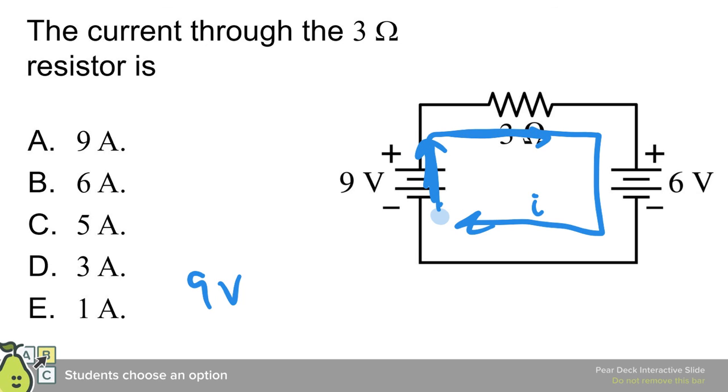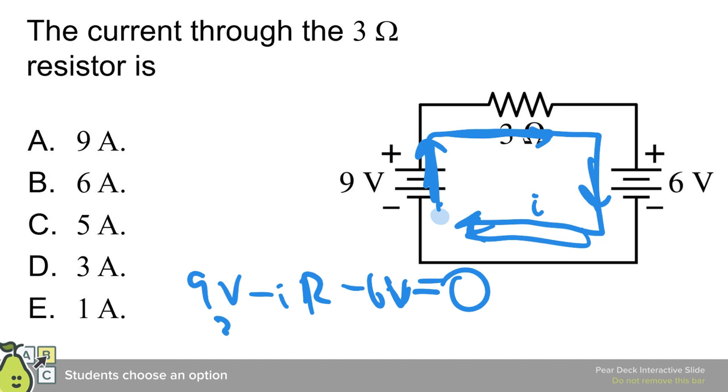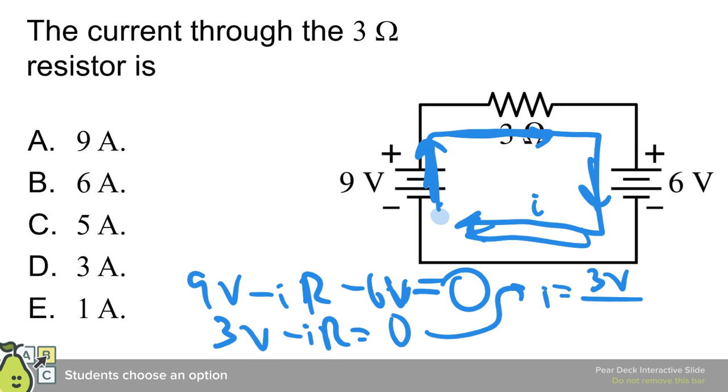We lose IR for going in the right direction along the resistor. And then we lose another 6 volts because we're going the wrong way through the battery. And then we get back to where we started, so the total has to be 0. So here we have 3 volts minus IR equals 0. So I equals 3 volts over 3 ohms, or 1 amp.